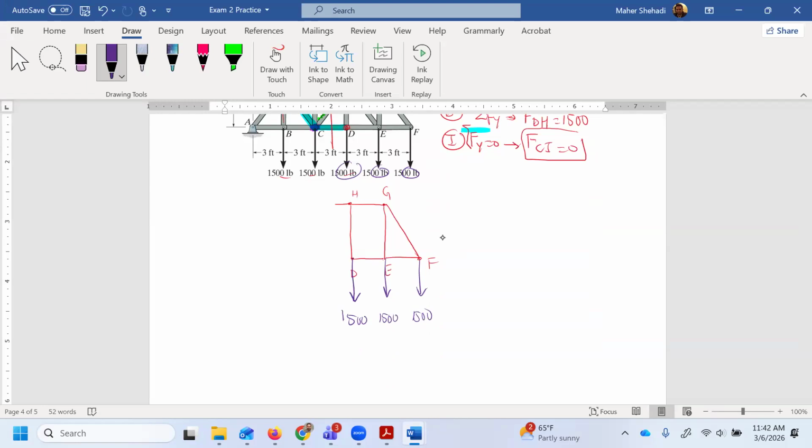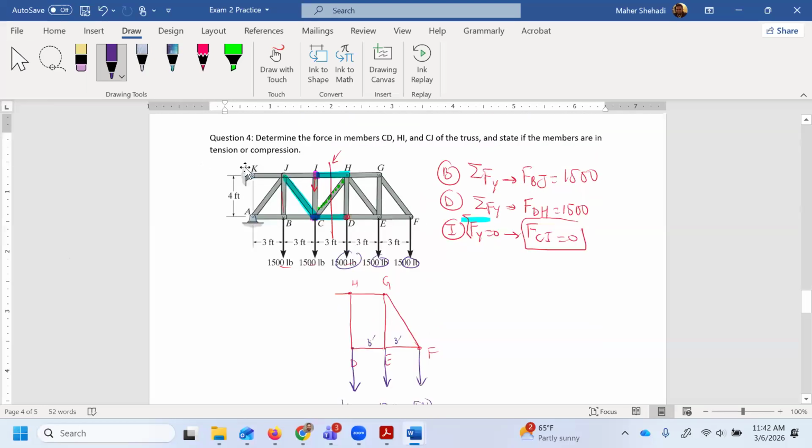Here we have 3 feet, 3 feet. The vertical distance from top to bottom is 4 feet. Okay. Now, FHI, and then FCH, and then FCD. Those are the three forces that I'm going to get when I make the cut. And that's my right side section.